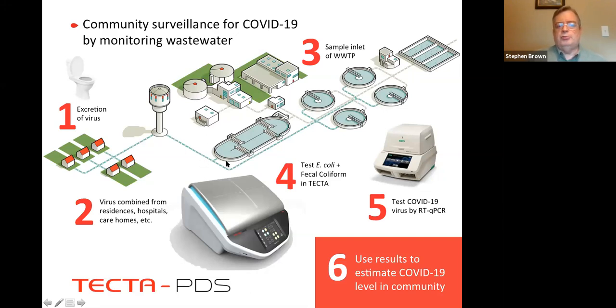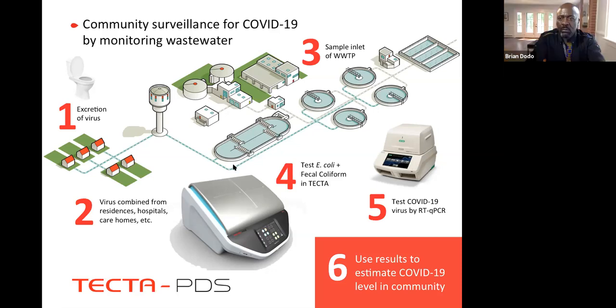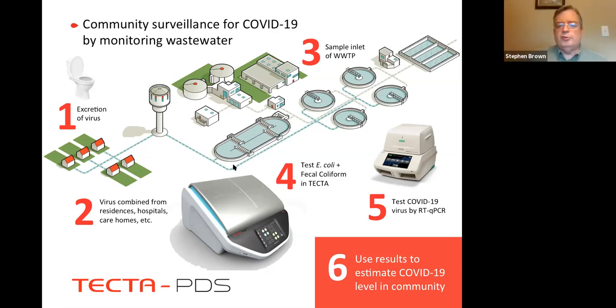So that means you can devote other resources to responding to the infection rather than to just putting resources into more testing. And then there's also the possibility of getting the results earlier. So what really seems to be important for the COVID-19 virus is that people start to shed the virus even before symptoms are starting to appear.